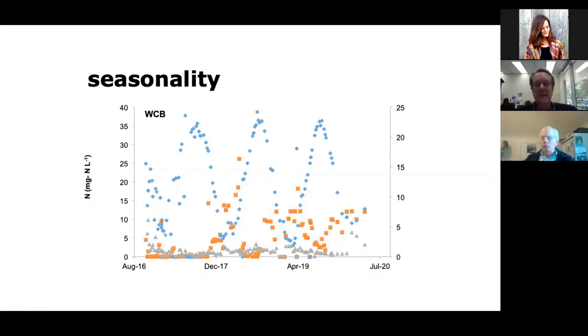So if you want to build a more efficient system, the thing to do is to focus on how to reduce nitrate in the winter. Maybe how to provide more electron acceptors in the winter. And that is one of the things that the center is focused on currently.